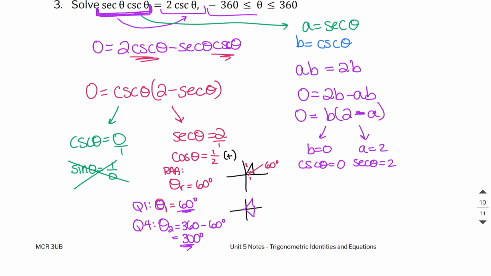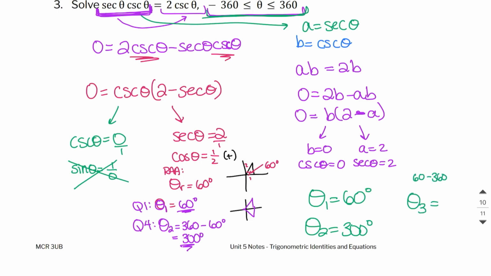However, our answers must be between negative 360 and positive 360. So if theta 1 is 60 degrees and theta 2 is 300 degrees, remember we have to subtract an entire period from both of these answers right here. So theta 3 would be 60 minus 360, which is negative 300 degrees, which makes sense because I'm going backwards clockwise by 300.